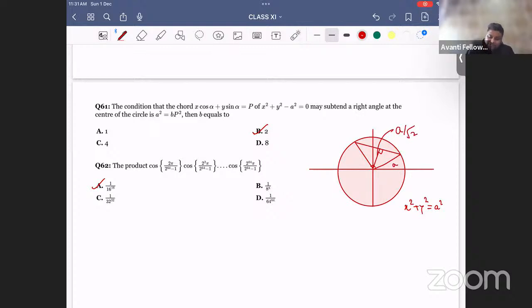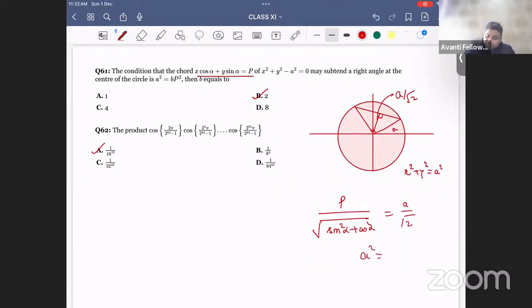That means the length of the perpendicular from 0, 0 to this chord, that is p upon under root of sin square alpha plus cos square alpha, should be a upon root 2. So simply a square is 2p square. So this is your answer. Am I clear?